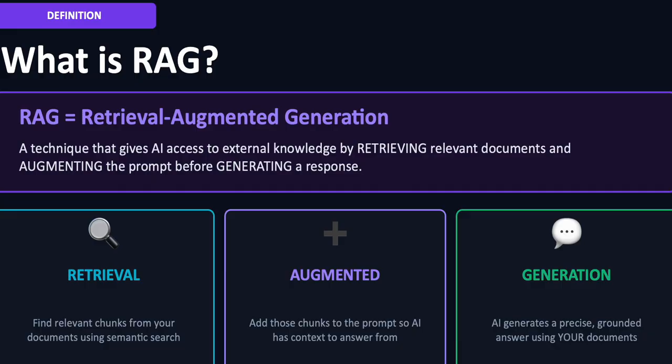You look up the relevant pages and answer based on what's in front of you. That is RAG. RAG gives the AI an open book to refer to, and that book is your documents.